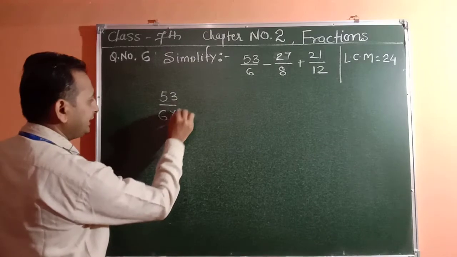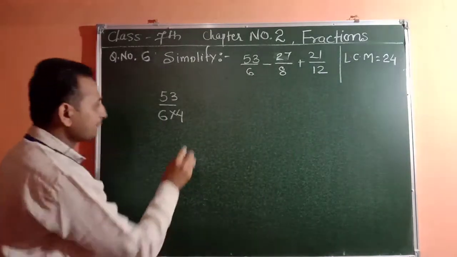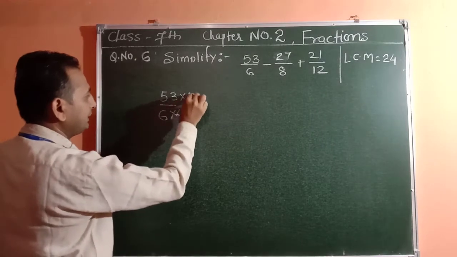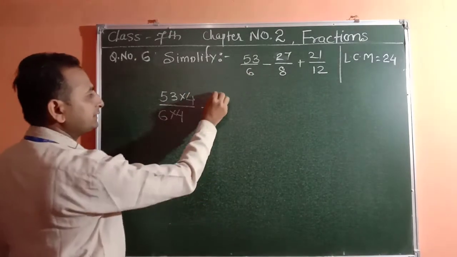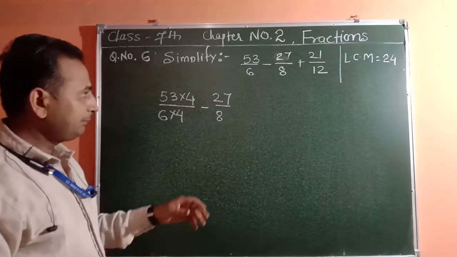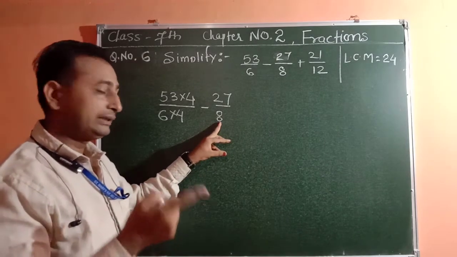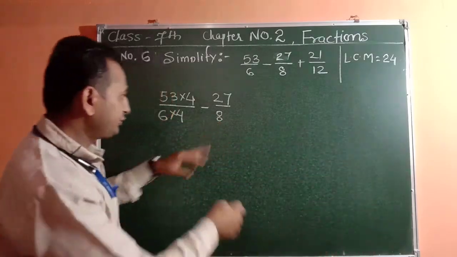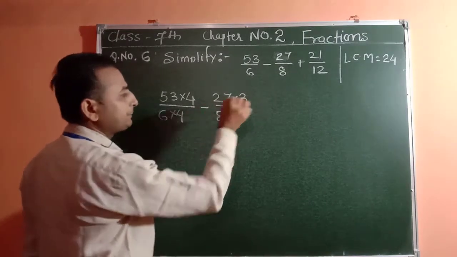If you multiply here by 4, then you easily get 24. Here also multiply by 4. Sign is negative. Now the next fraction is 27 upon 8. Which number multiplied by 8 gives 24? 8 threes are 24, so you multiply here by 3, and here also by 3.